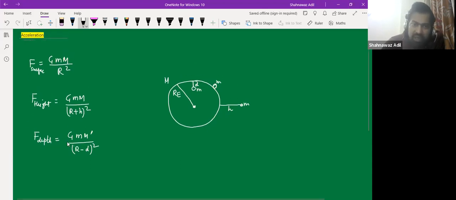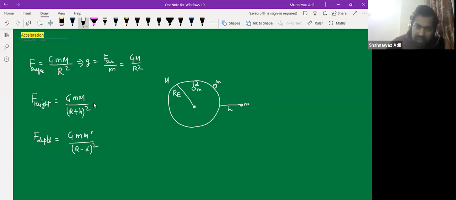So due to different forces, we can calculate the gravity at different places. At the surface, this would simply be F surface by m, which is GM by R squared.